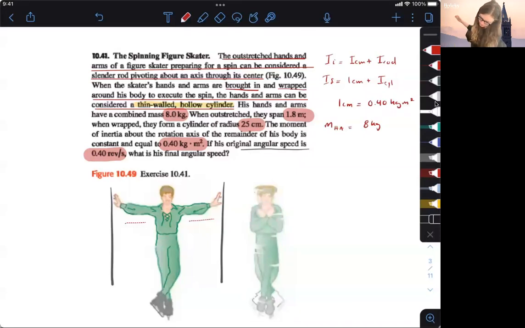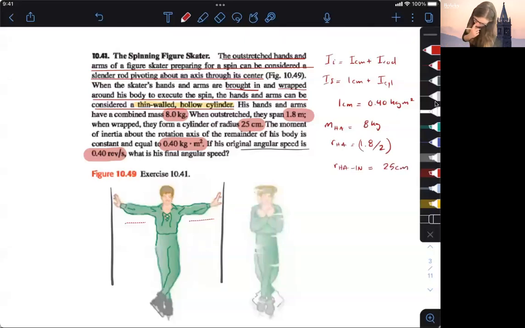When outstretched, the total span is 1.8, so the radius of hands and arms is equal to 1.8 over 2. And then for when they're wrapped, the radius of hands and arms, when he brings them into his body, is 25 centimeters.